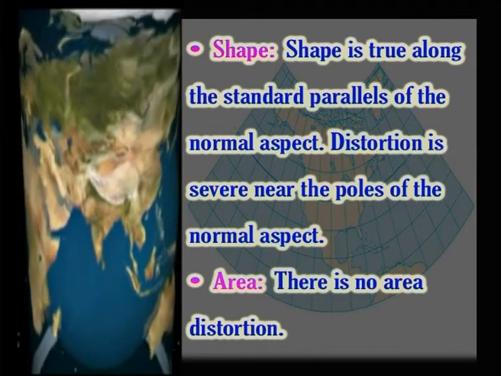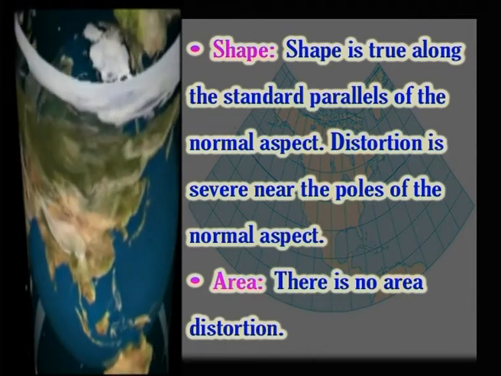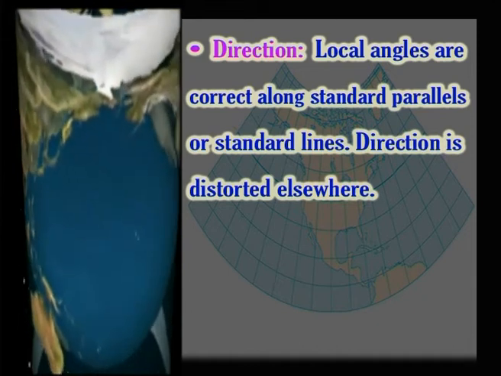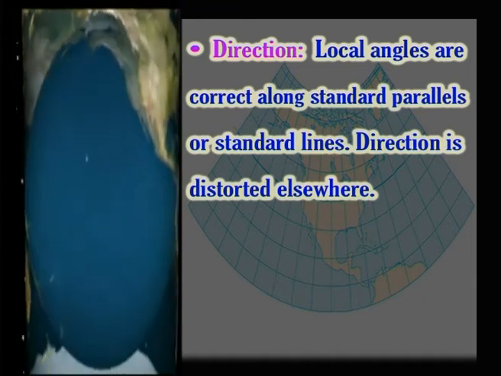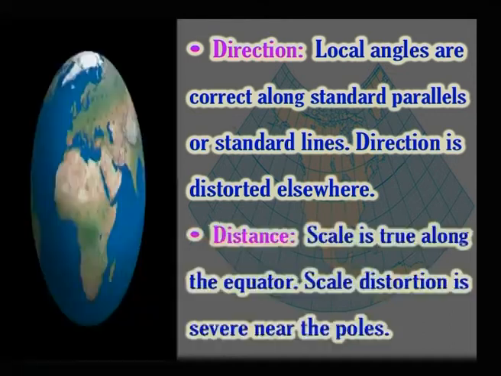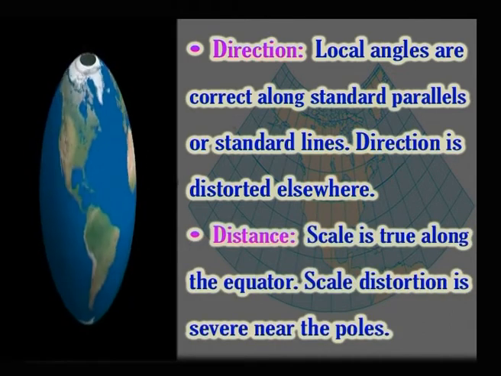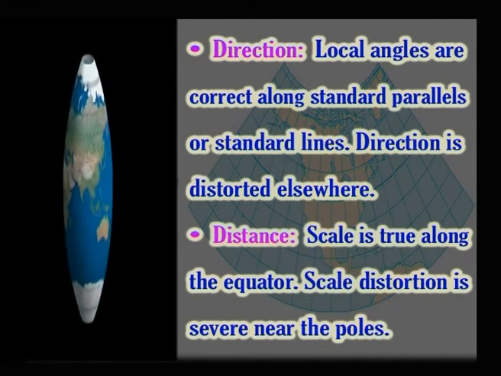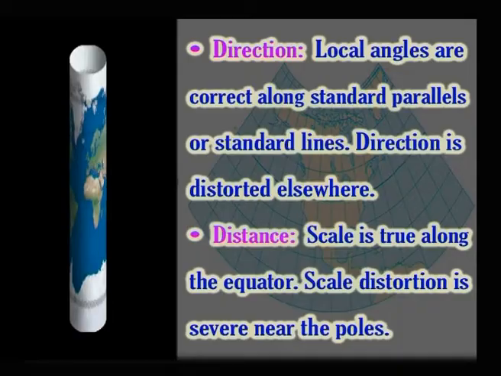The area, there is no area distortion. Direction, local angles are correct along standard parallels or standard lines. Direction is distorted elsewhere. The distance, the scale is true along the equator. Scale distortion is severe near the poles.